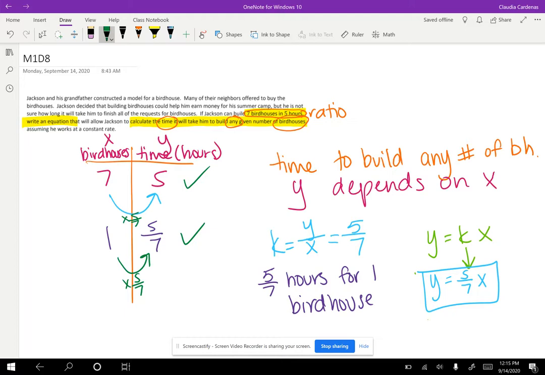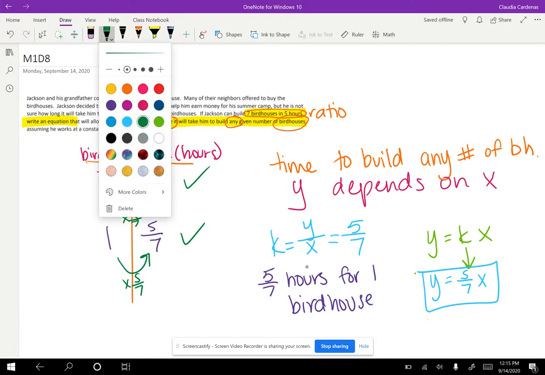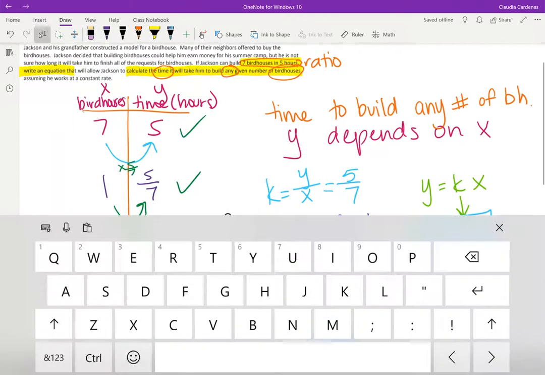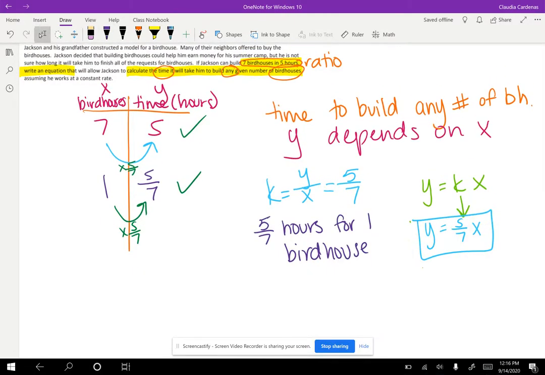Okay, so now that we have our equation, we found that constant of proportionality, we're going to use it to start solving some different numbers of birdhouses to figure out the amount of hours. So for example, let's just say, even though this question is done, we did come up with the equation, I want to just see if I had 14 birdhouses, how can I figure out how much time it would take for him to build that using our equation?